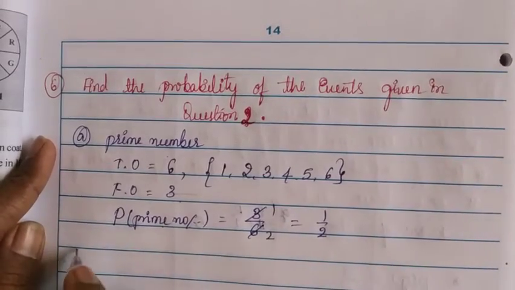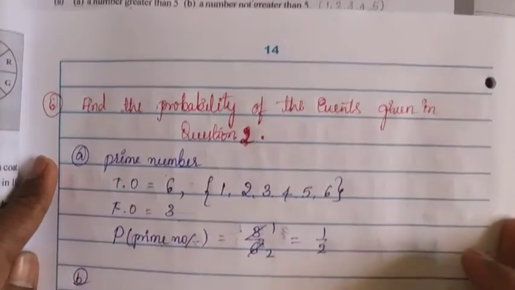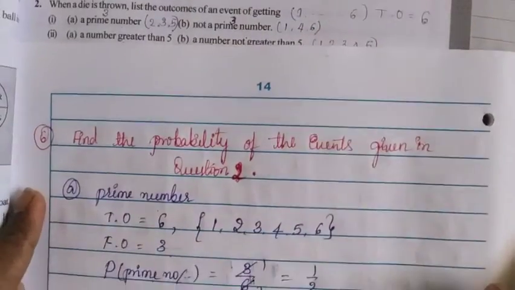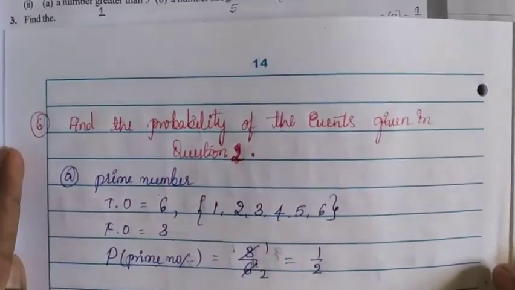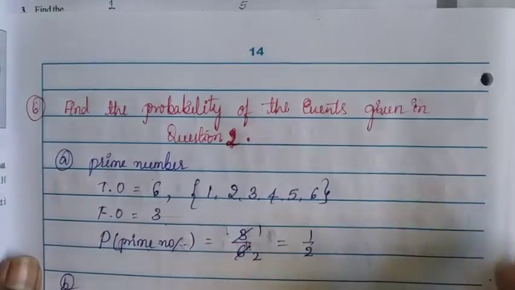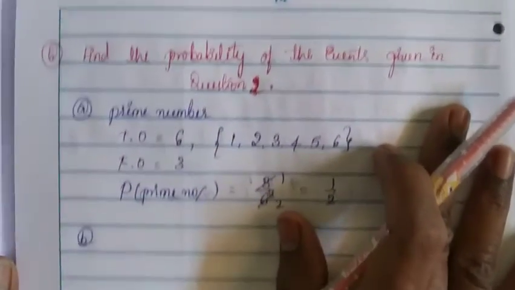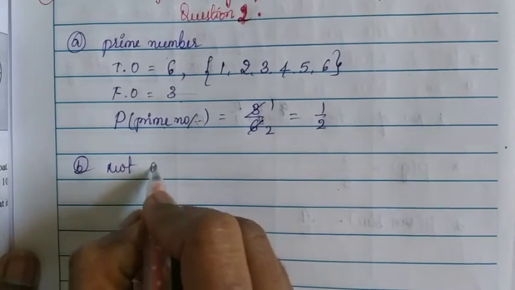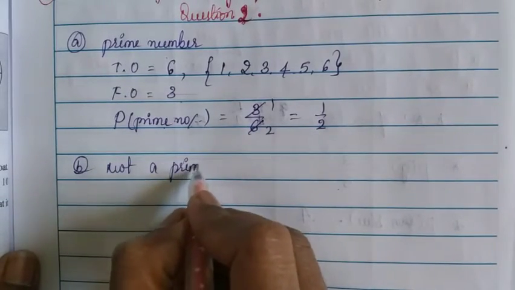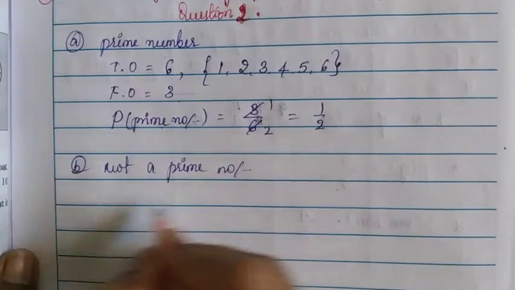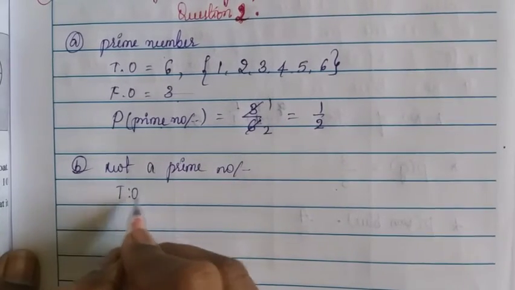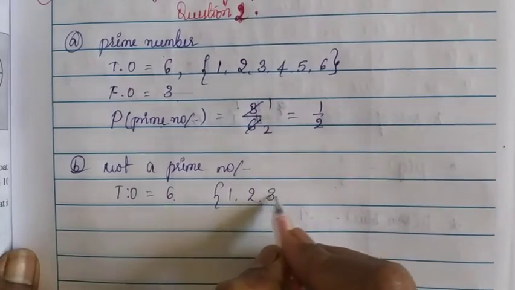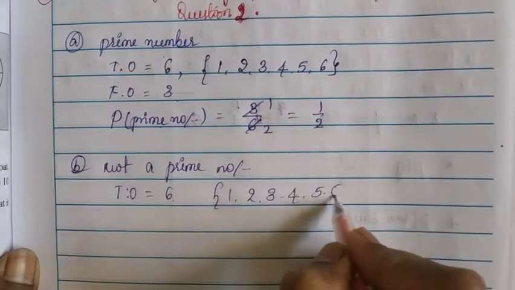Yes. The second question is what here? Not a prime number. Yes, the total outcomes are 6. Write the set 1, 2, 3, 4, 5, 6.